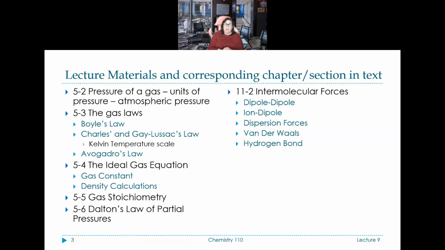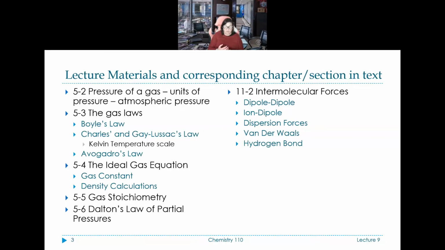But for this, we're going to be talking about 5.2, which talks about pressure of a gas, units of pressure, and atmospheric pressure. 5.3, the gas laws, Boyle's law, Charles and Guy Lussac's law, the Kelvin temperature scale, and Avogadro's law. And we'll talk about section 5.4, the ideal gas equation, gas constant, and the density calculations.